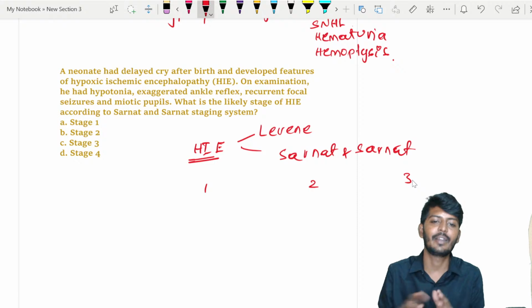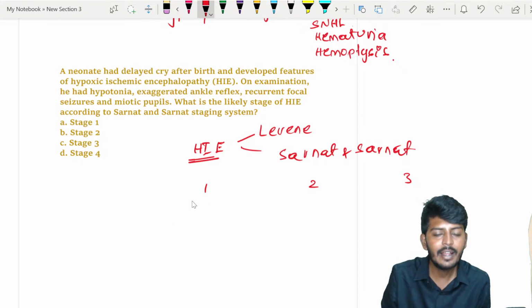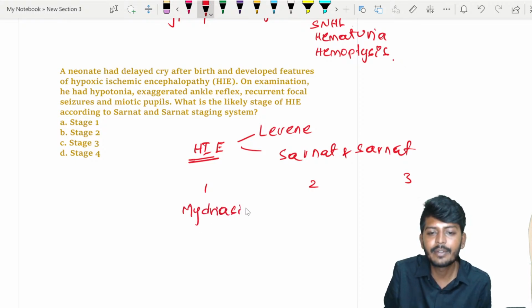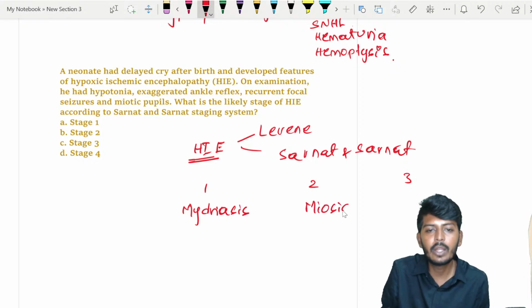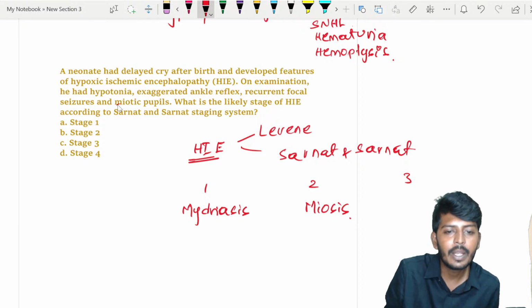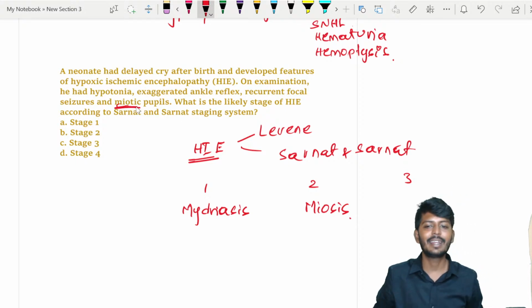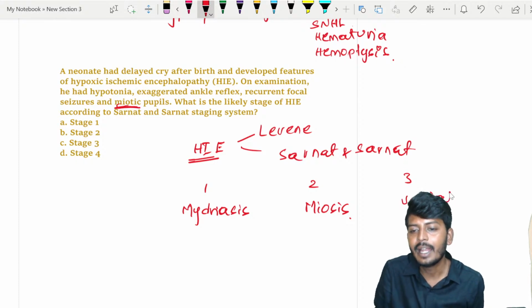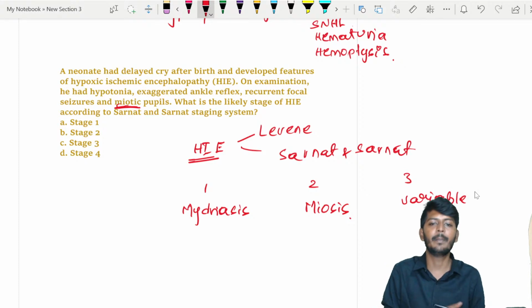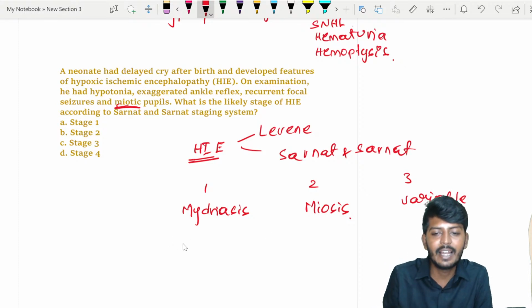Stage 4 is not there. In stage 1 usually there will be mydriasis. In stage 2 there will be miosis, so there is a miotic pupil. In stage 3 this is variable; it can be mydriasis, it can be miosis. The child will also have a difference in heart rate, and seizures may or may not be there.